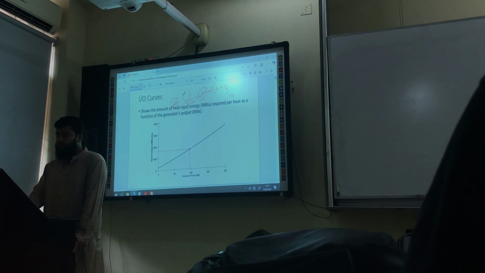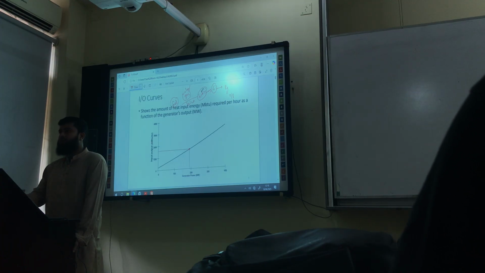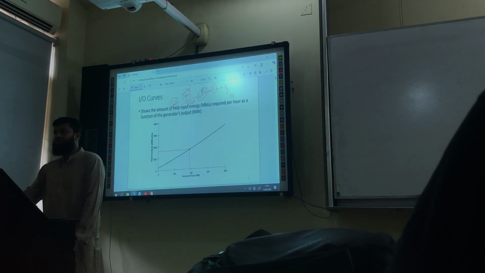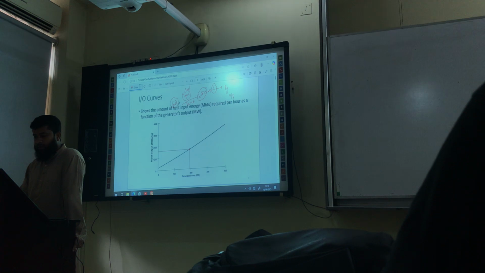Inside the boiler you will have water or gas depending on the turbine. If the turbine is a steam turbine, it will be water. If it is a gas turbine, the material inside the boiler will be gas. Using the fuel, you generate heat.